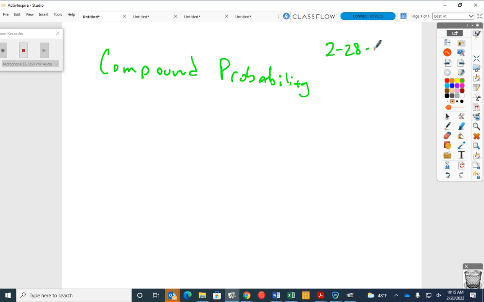How many of you have ever heard the word compound before? I know you've used it in other classes. What is the definition of compound? Kind of like many smushed together. Okay, kind of, yeah. Probability was the likelihood of an event happening, right? Compound probability is the probability of 2 or more simple events.